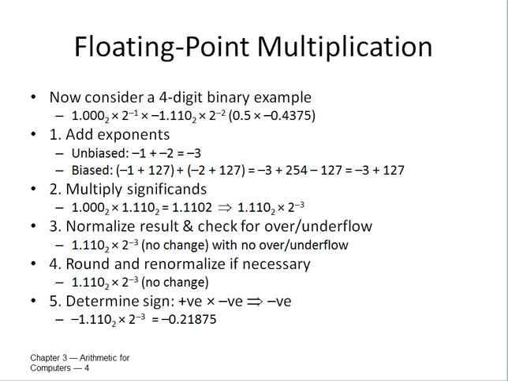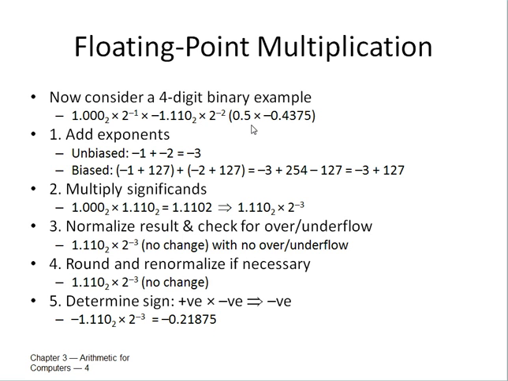So let's take a look at now taking the same thing, except we're going to do it in binary. So 1.00 times 2 to the minus 1 times minus, so this one's a legitimate minus, that's just the dash in the slide, minus 1.110 times 2 to the minus 2.